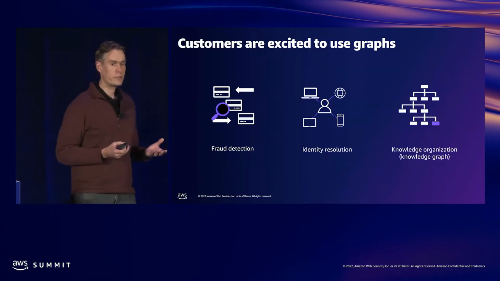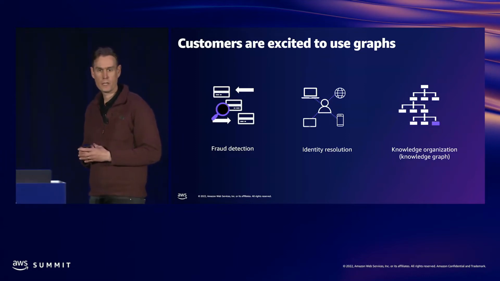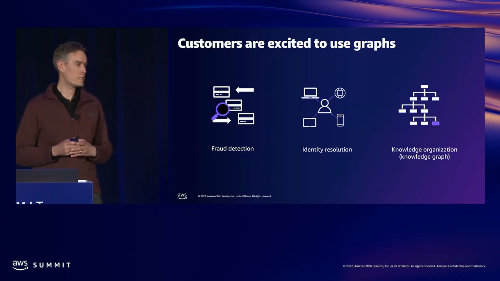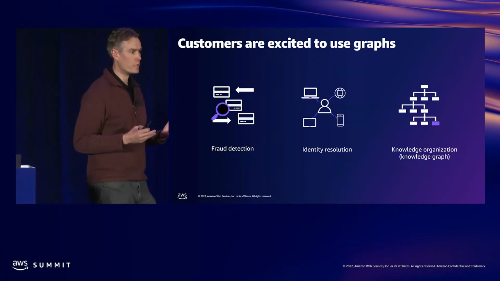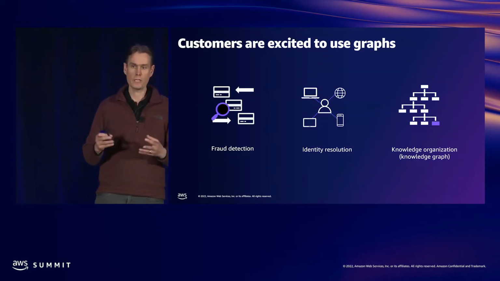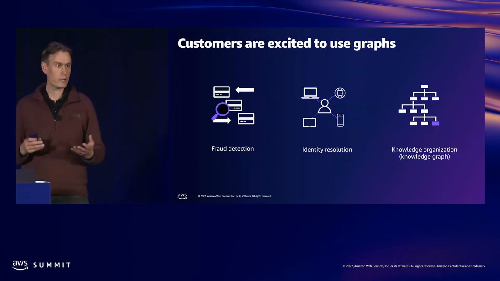I was involved with Neptune since it was announced as a preview at re:Invent. And over time, what we've seen is that customers continue to use more of the relationships in their data to gain insights and apply them to business problems. And this is increasing year over year.